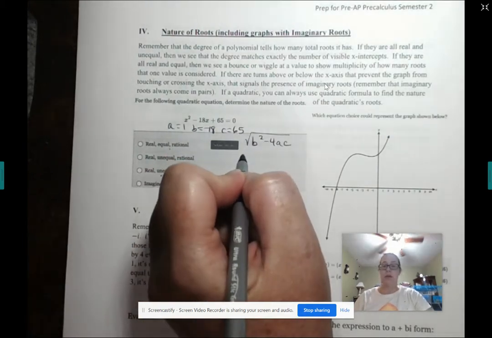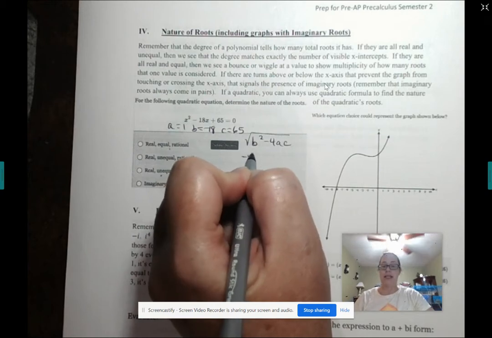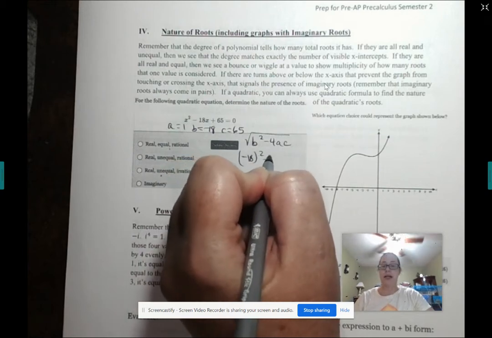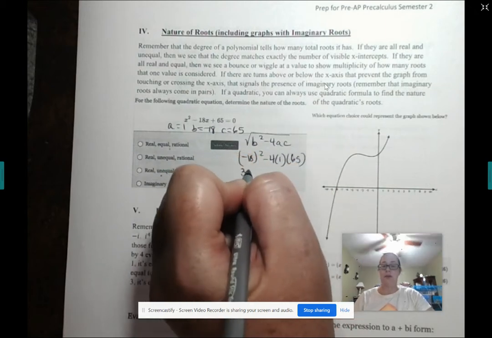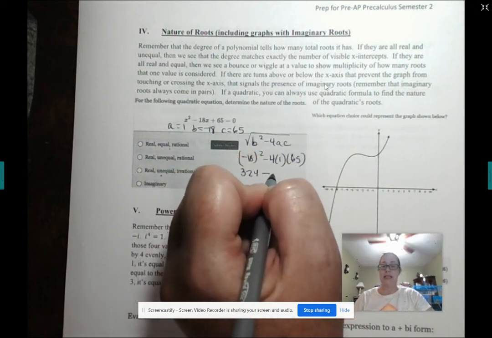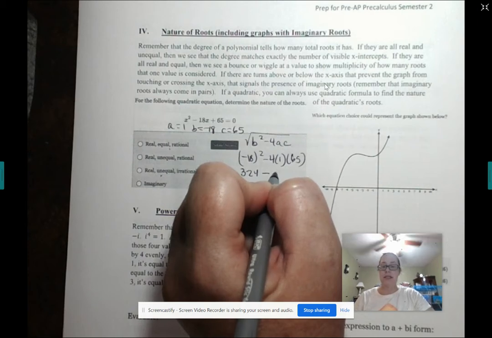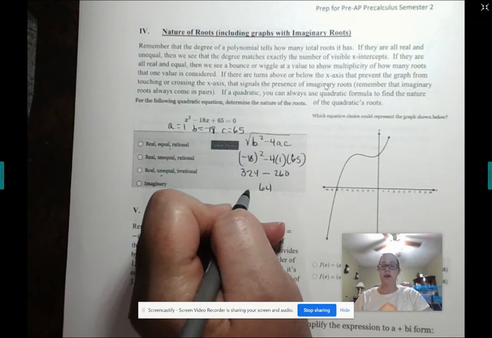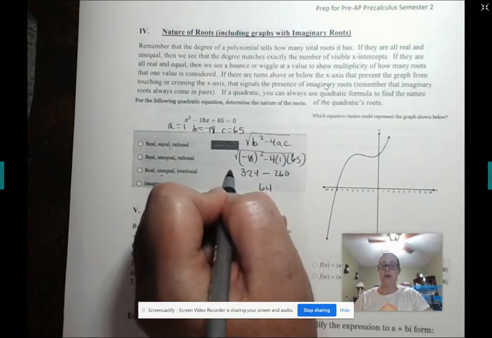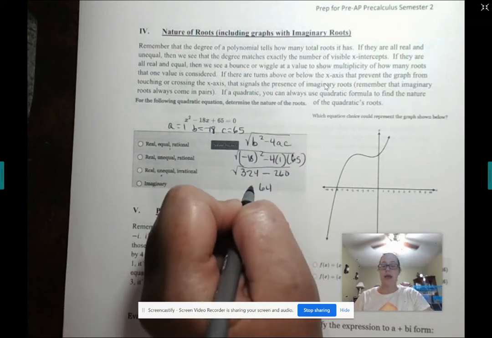Okay, so I'm going to take negative 18 squared, minus 4 times a times c. And that gives me 324 minus 260, which gives me 64. So what I have inside of a square root is a 64.